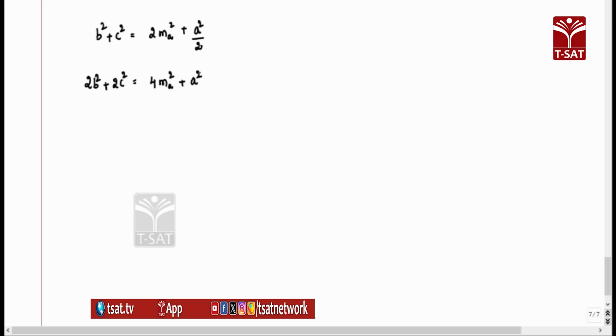We have multiplied it with 2 on both sides. From this, if you try to get ma, ma square is equal to 1/4 of 2 times b square plus 2 times c square minus a square.